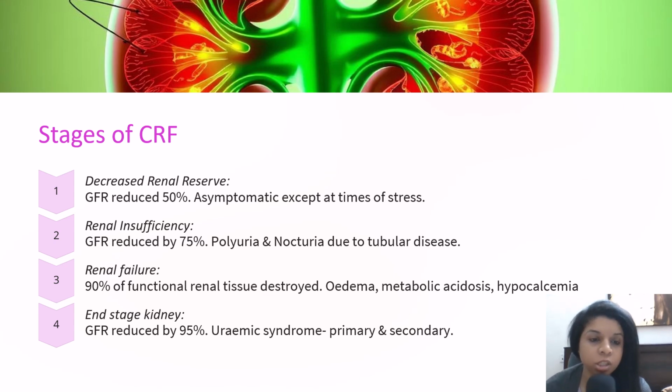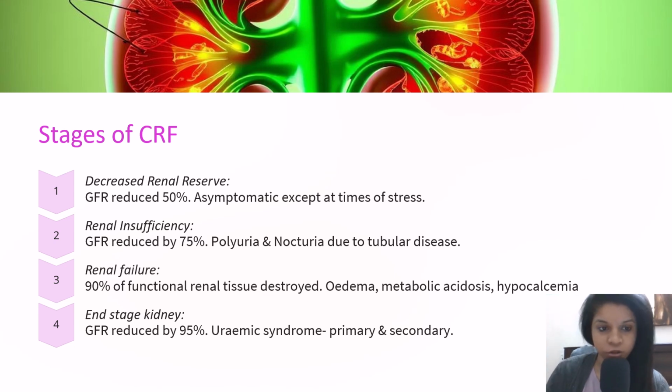Now, there are four stages of chronic renal failure, which is very easy to study if you only know the percentages. First stage is decreased renal reserve, where the glomerular filtration rate is reduced by 50%. Reduced by 50% means 50% of the renal tissue is dead or non-functional.